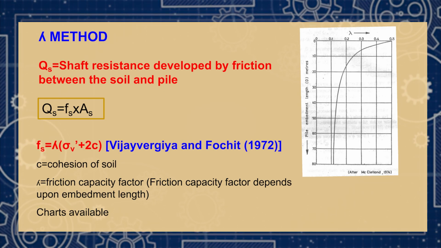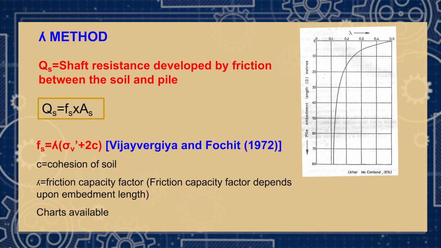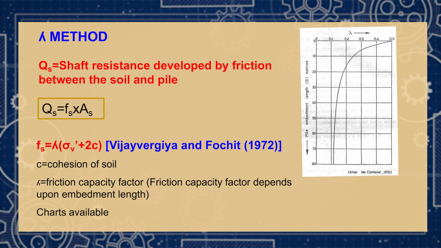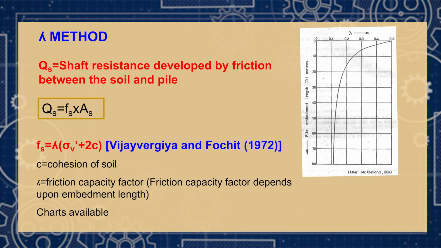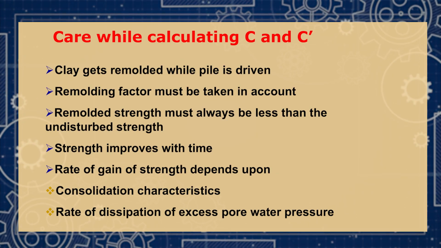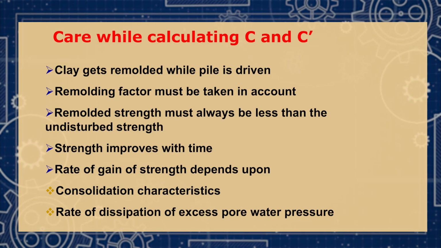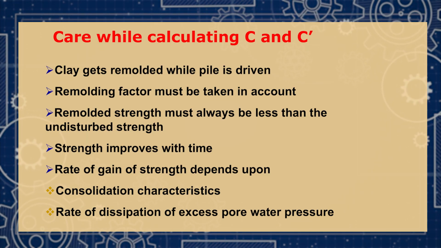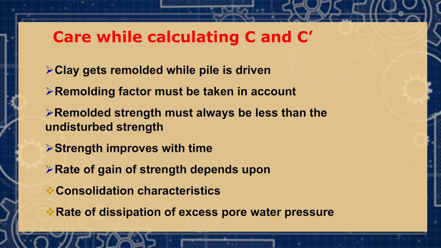You can see the chart, with lambda on the x axis and the plane displacement on the y axis. Before performing this method, you should be very careful in calculating c and c dash. What are all the points we should remember?